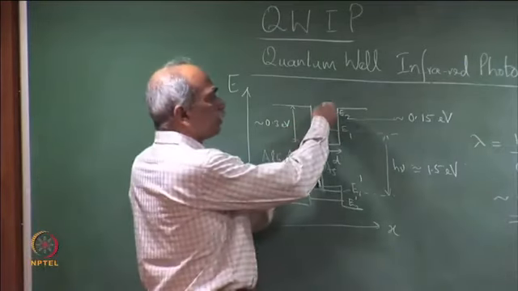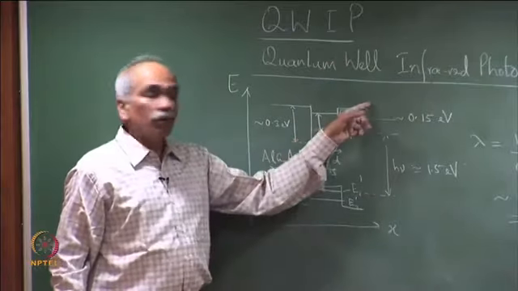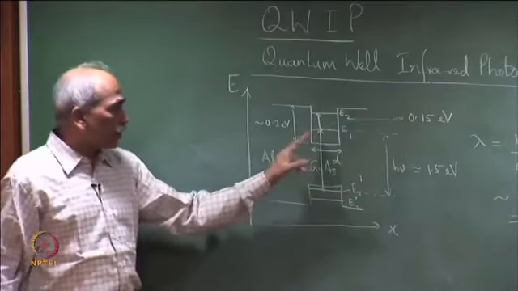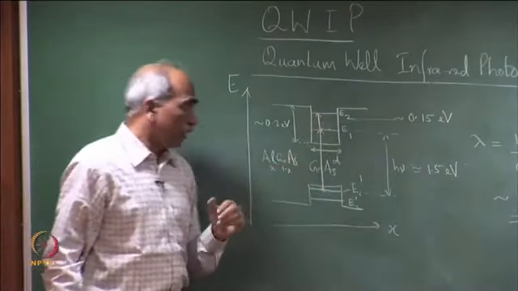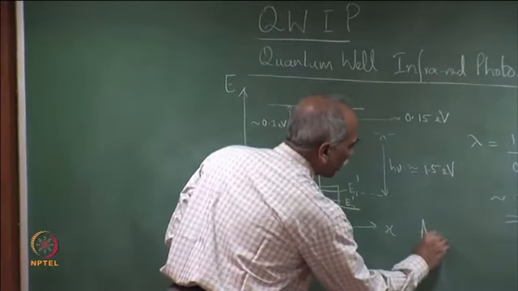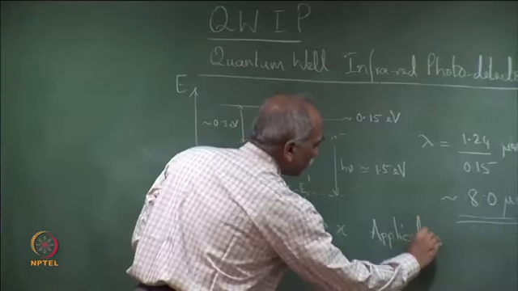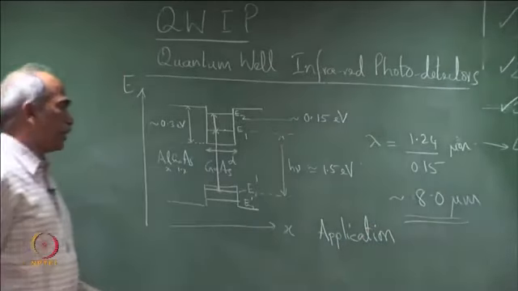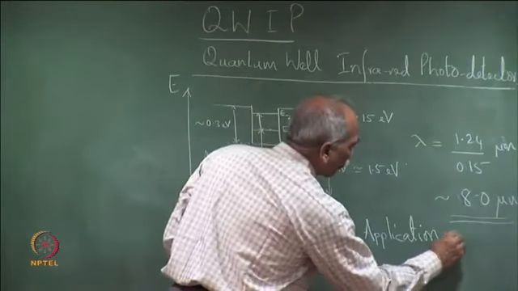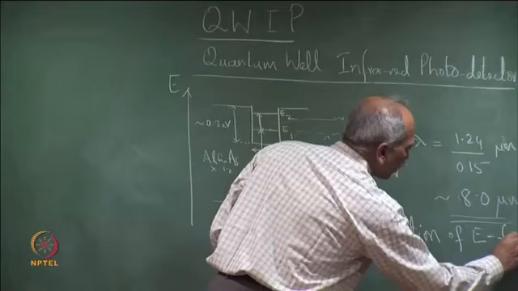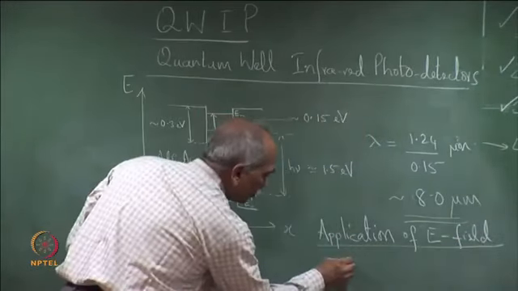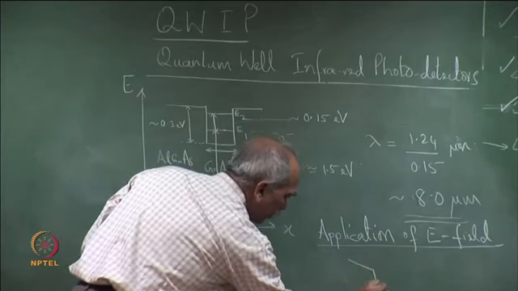Of course, unless we take away the electron from here, the process of detection cannot continue, and one of the ways to do this is by applying an electric field. We have already discussed this in the context of electroabsorption modulators. So, application of an electric field leads to the energy band diagram tilting.